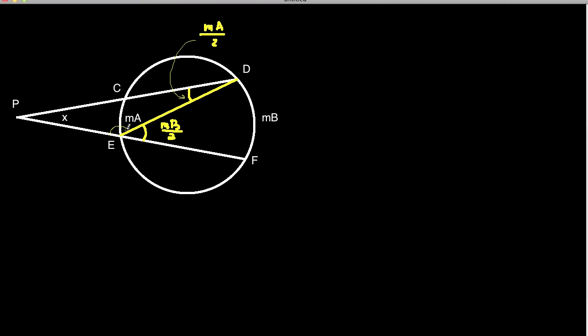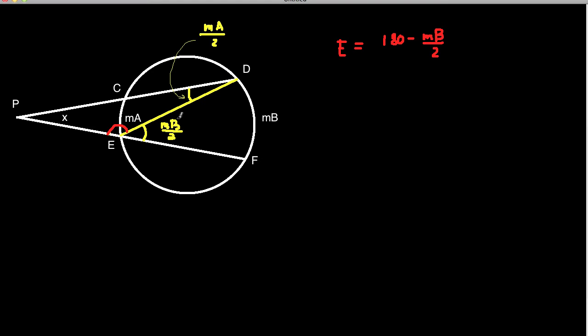So this angle right in here, let me call it the red angle. Let's say this angle here, which I'll say is the red angle E, is 180 degrees minus the measure of B divided by 2.